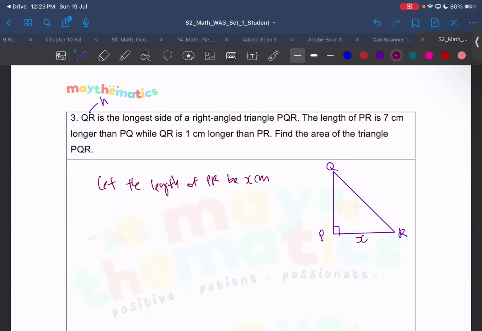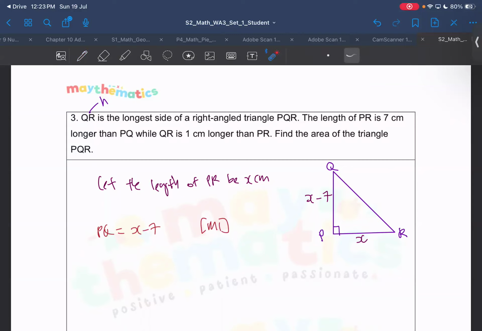So Sean, if PR is X, what is my PQ in algebra? X minus. Good, X minus 7. This alone will give you 1 mark. Finding that PQ is X minus 7 will give you 1 mark.